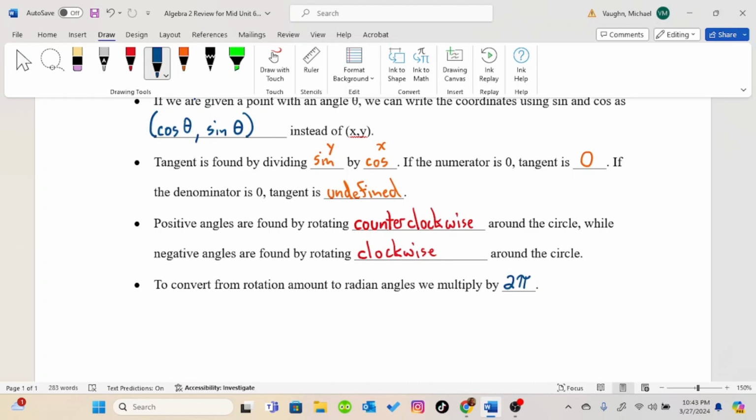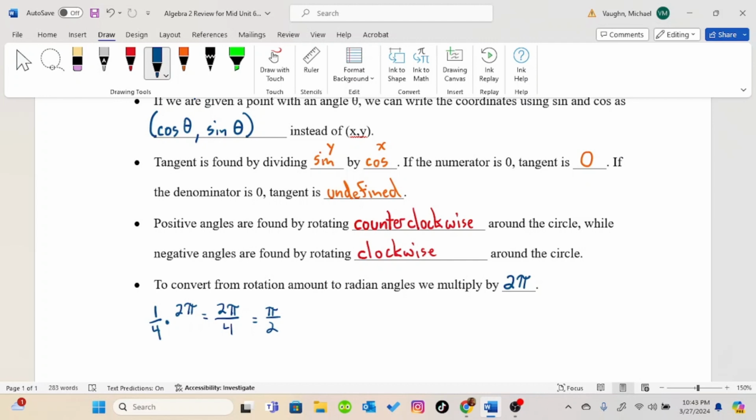So if they tell us we rotate 1/4, then if we multiply that by 2 pi, that becomes 2 pi over 4, which is pi over 2.